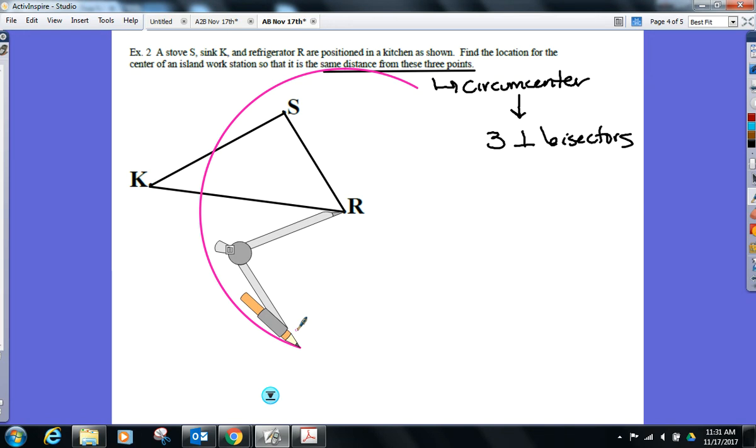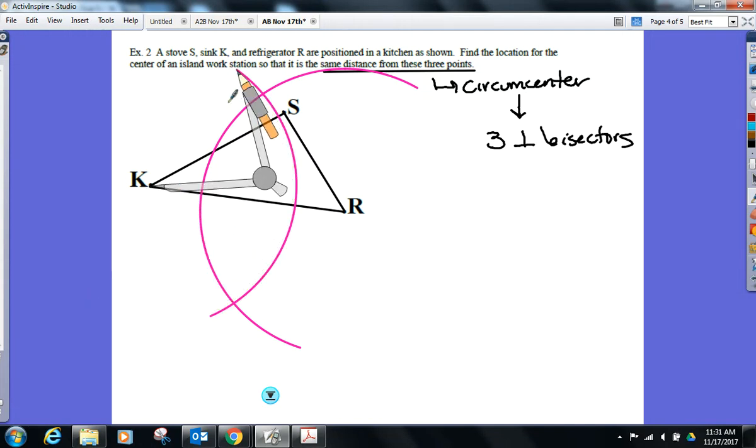Making a decent size arc. Keep the same opening and go over to the other endpoint now. Grab your straight edge, draw in your perpendicular bisector, please.